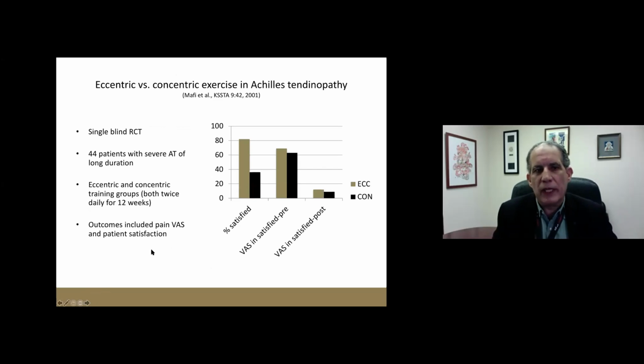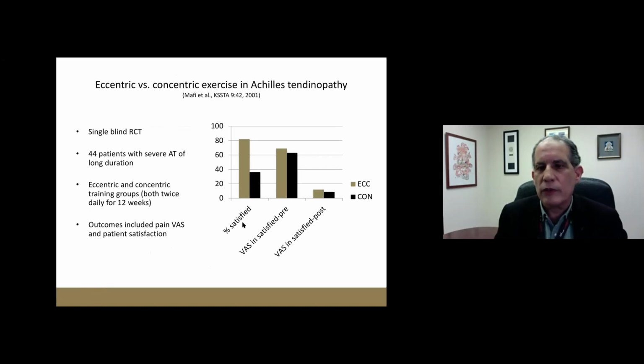This one, they compared eccentric versus concentric. And as you can see, eccentric is in gold here, concentric is in black. The percent of the athletes that were satisfied was much higher with eccentric. The VAS for pain, before and after.